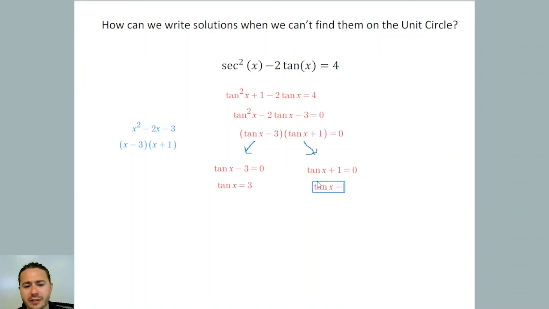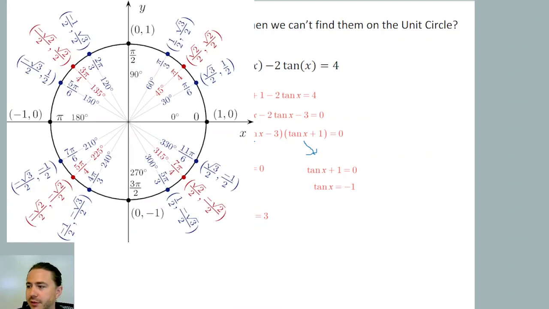Now for tangent of x equals negative 1, that's going to be where your x and y coordinates are opposites, and that's going to happen at 3 pi over 4. Let's double check on that unit circle. Yeah, there you go. You can see at 3 pi over 4 that the x and y are opposites.